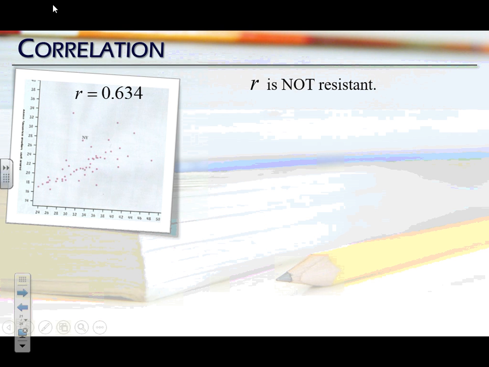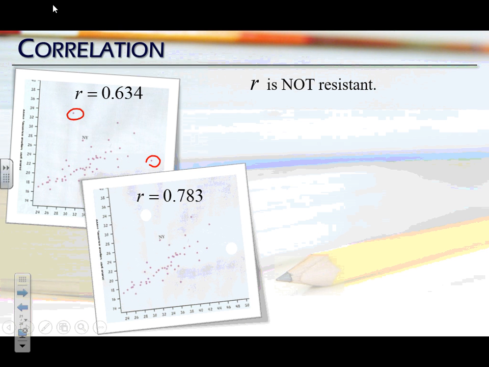But we notice that there's a couple points that fall a little off the beaten path. Here we have most of our data. This one falls off to the side there. This one maybe even falls a little bit out of the pattern as well. Now if we remove those, so we take those values out, our correlation goes from 0.634 up to 0.783. Okay, so it's making it a stronger association.